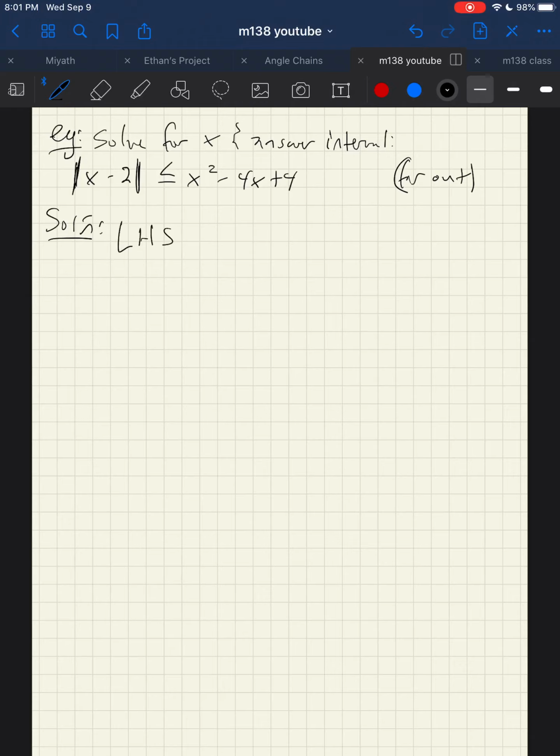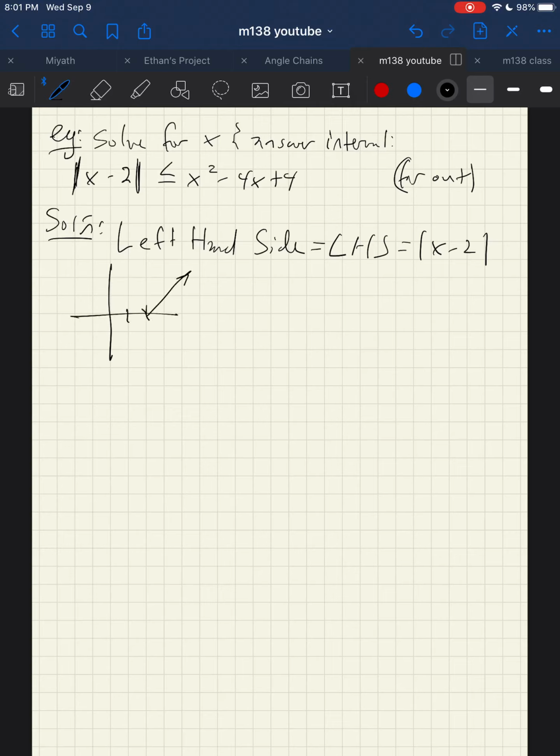The left-hand side, LHS, this will come up again later, is the absolute value of x minus 2, which is just the absolute value shifted to the right by 2. No big deal. Now let's look at the right-hand side.